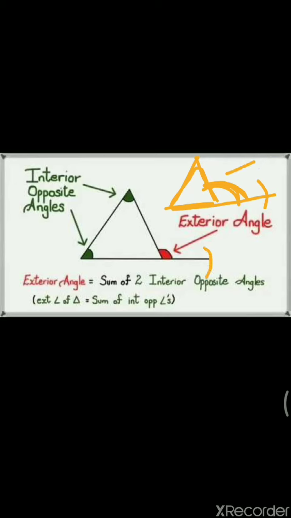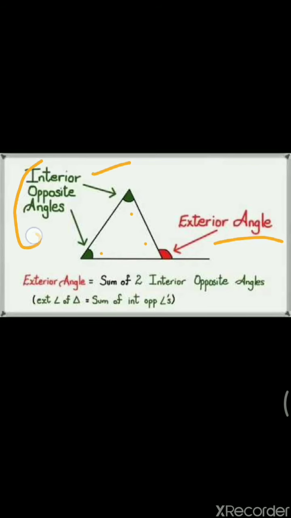Here you can see exterior angle. This is the exterior angle here. Now let's understand what are interior opposite angles. If we have only the word interior, a triangle has three interior angles. But it is interior opposite angles. It means you have to leave this angle. If this is the exterior angle, then the angle adjacent to it, leave it. Two interior angles will remain.